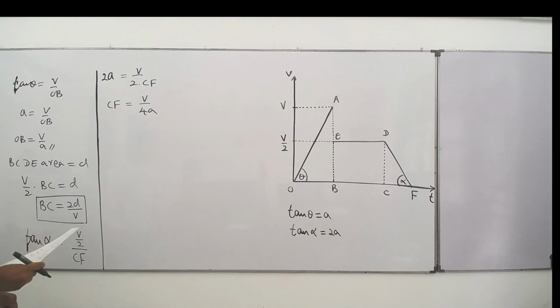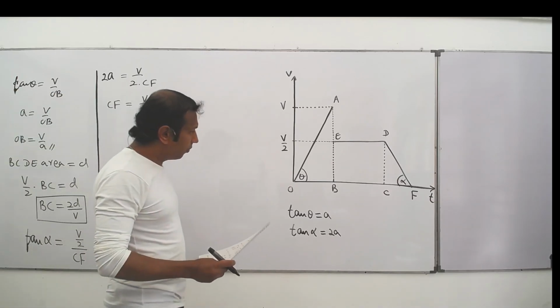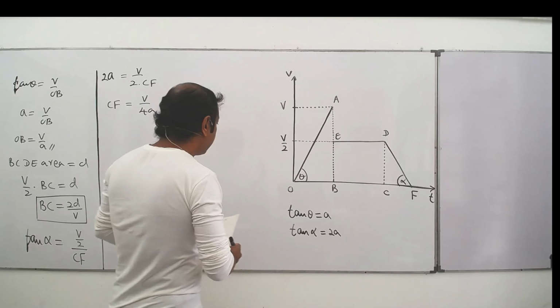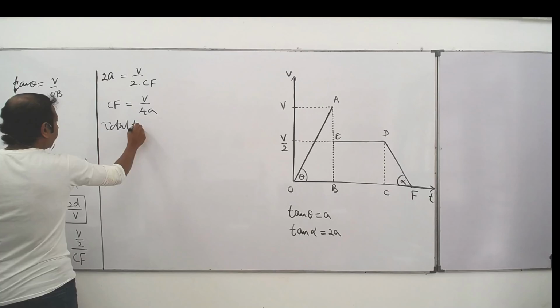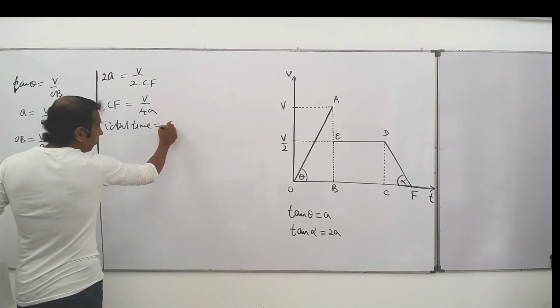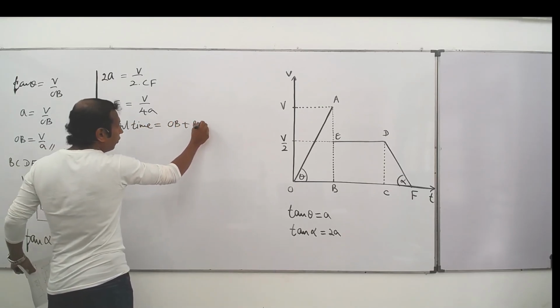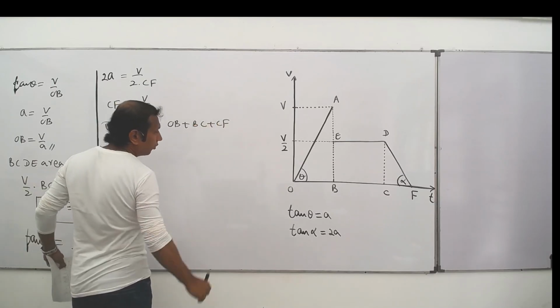So the total time is going to be OB plus BC plus CF, right?